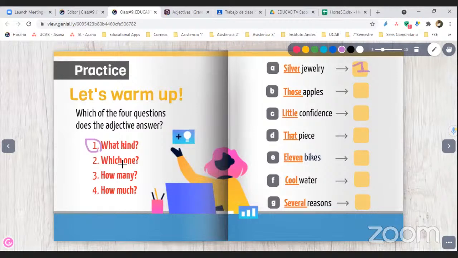Which one is specifying which noun. How many is for countable things, the things that I can count with numbers like 1, 2, 3, 4, 5. And how much is for uncountable things, the things that I have to maybe measure, but I cannot count them with my fingers or numbers.